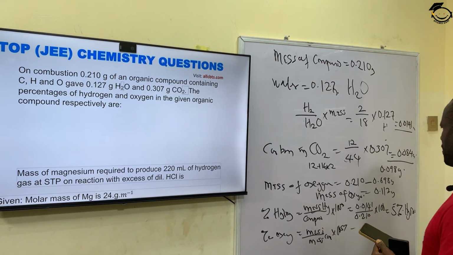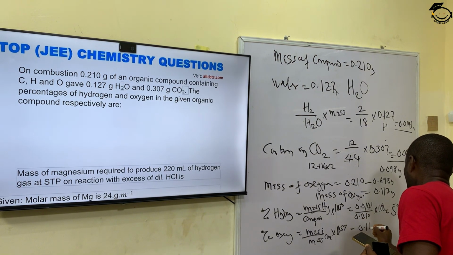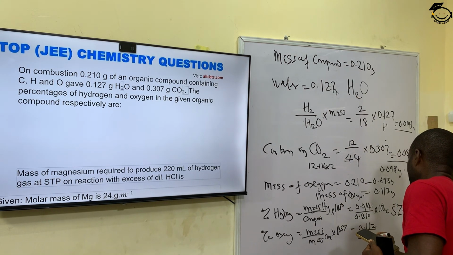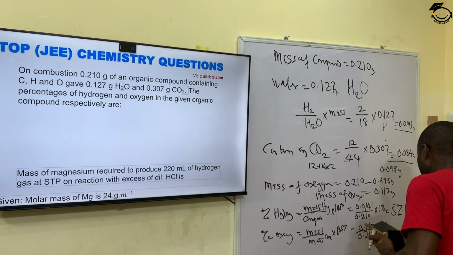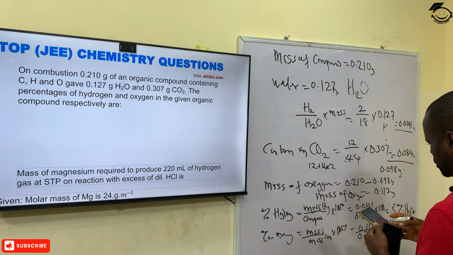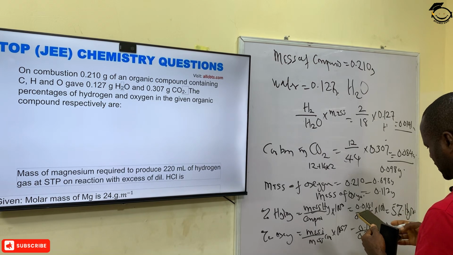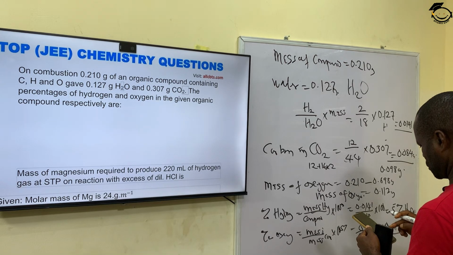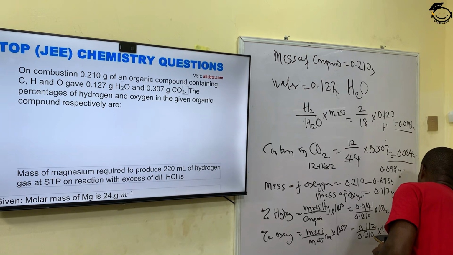Our mass of oxygen is 0.112 all over the mass of the compound, which is 0.210, times 100, which gives us 11.2 divided by 0.210. That gives us 53%.